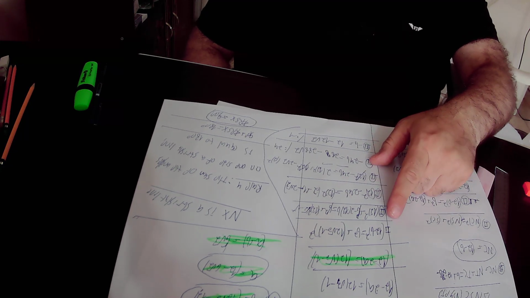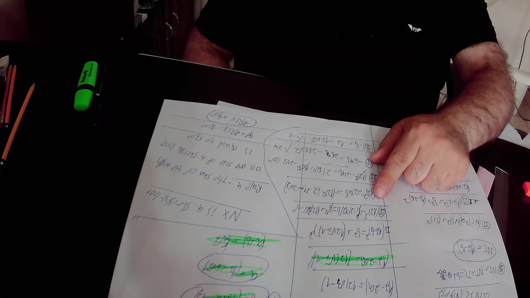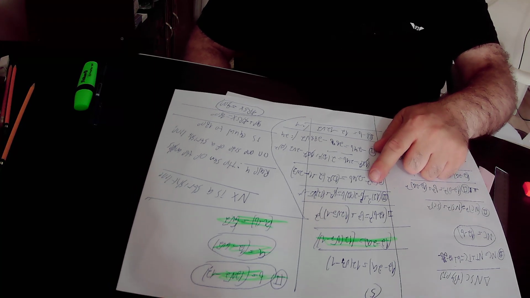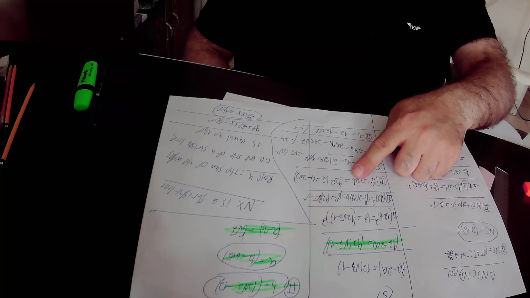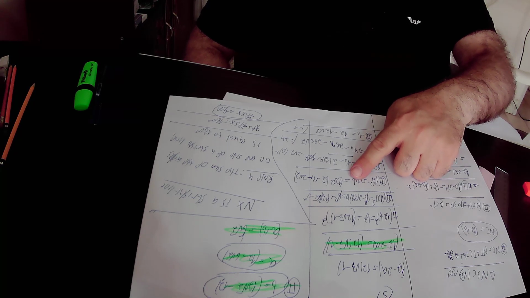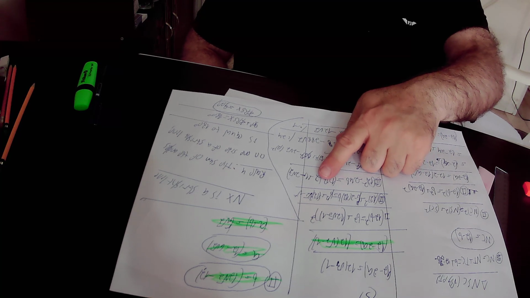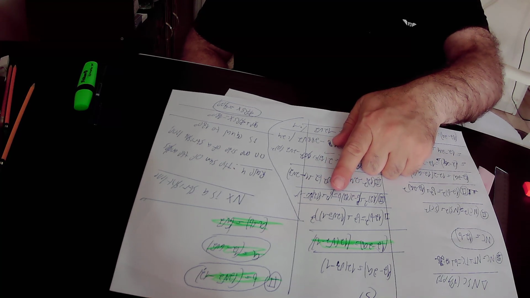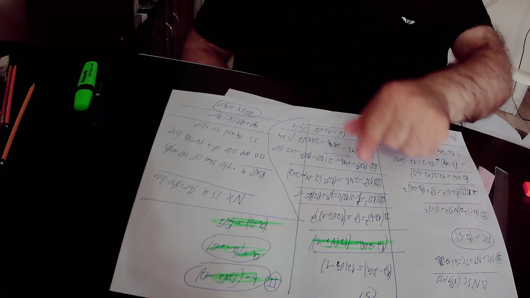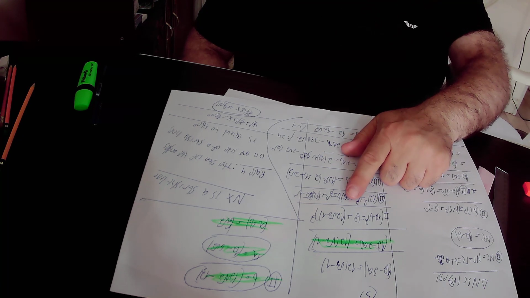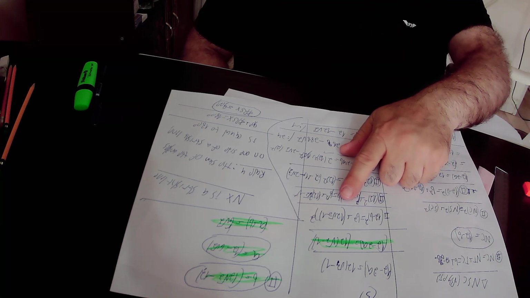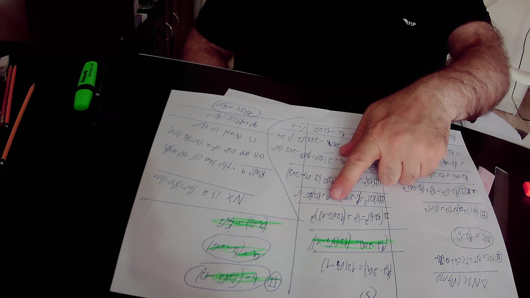Here we open the brackets. 12 minus B square equals 12 square plus B square minus 2 times 12 times B, and it equals B square plus 12 square times square root of 2 minus 1 square.